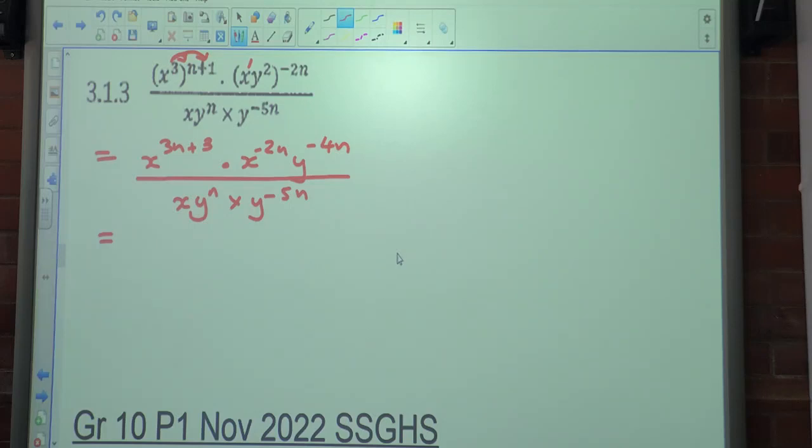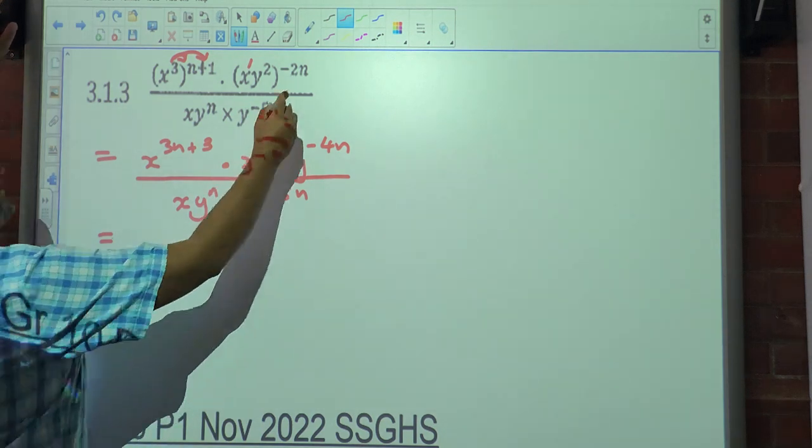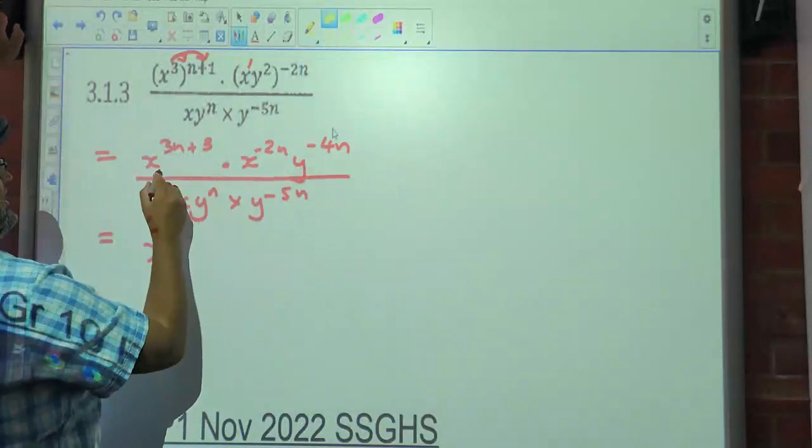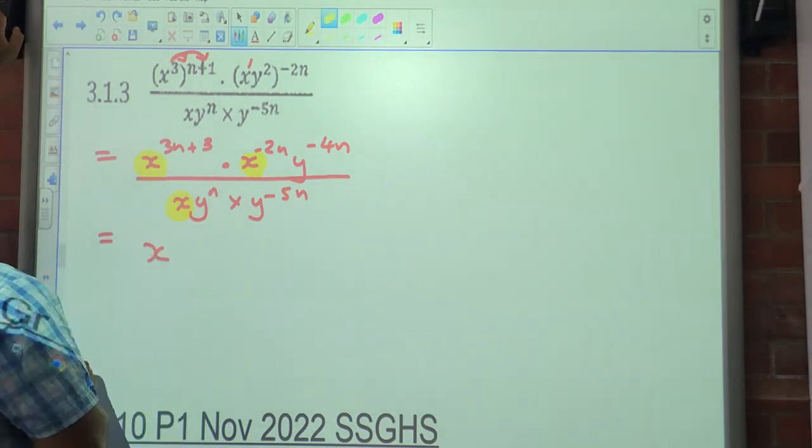Now what? When we are multiplying and the bases are the same, we add exponents. When we divide, we subtract. So only the exponents of the x's can be brought together. Can you see that?